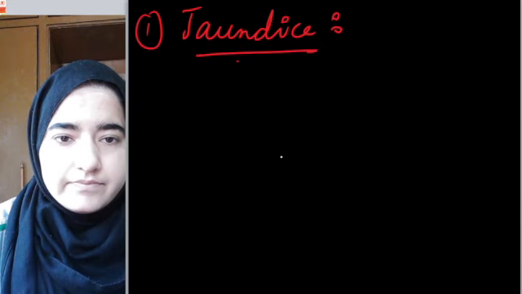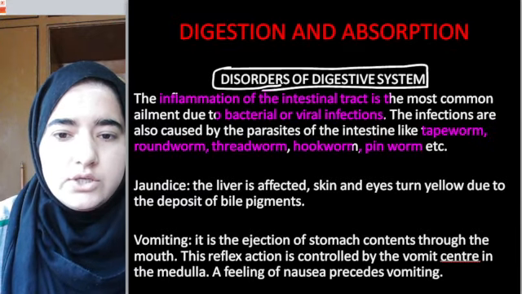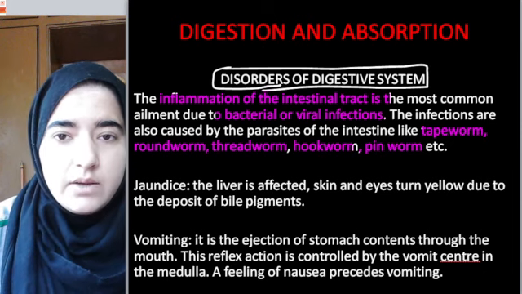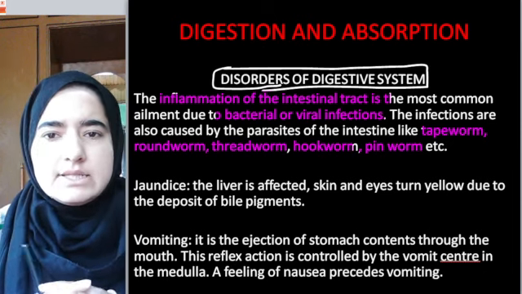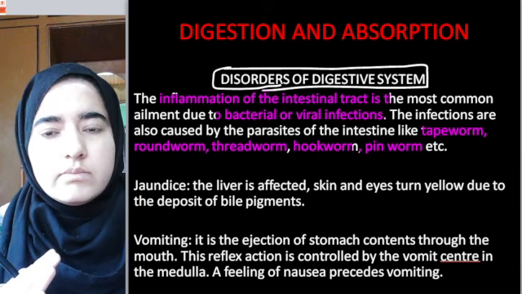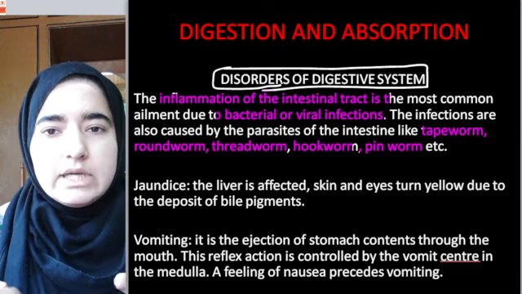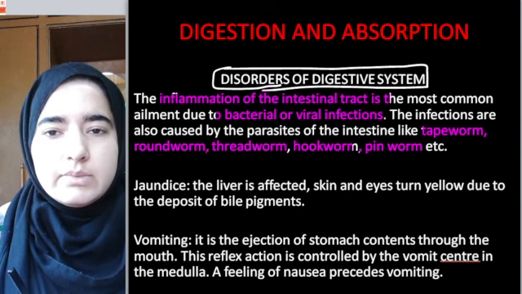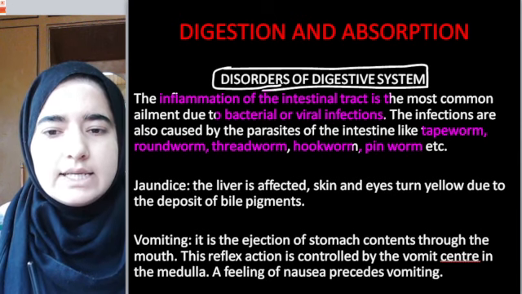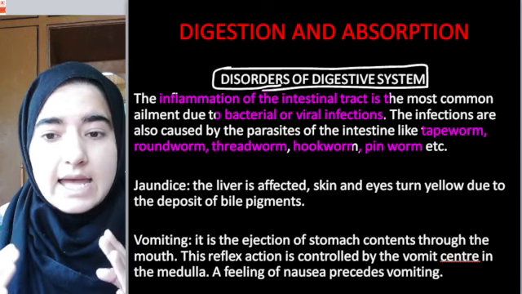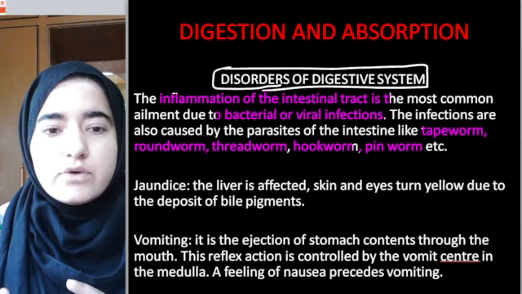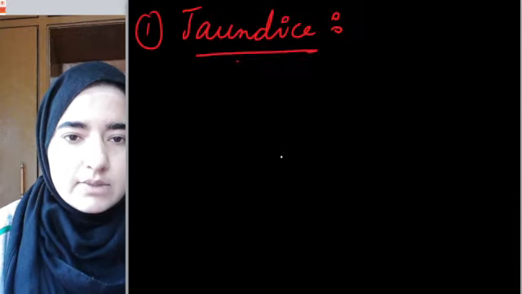Bile is produced by the liver but stored in the gallbladder, and in bile we have some bile pigments like bilirubin, biliverdin, and so on. In jaundice, the liver is affected and the skin and eyes turn yellow because of the deposition of bile pigments.